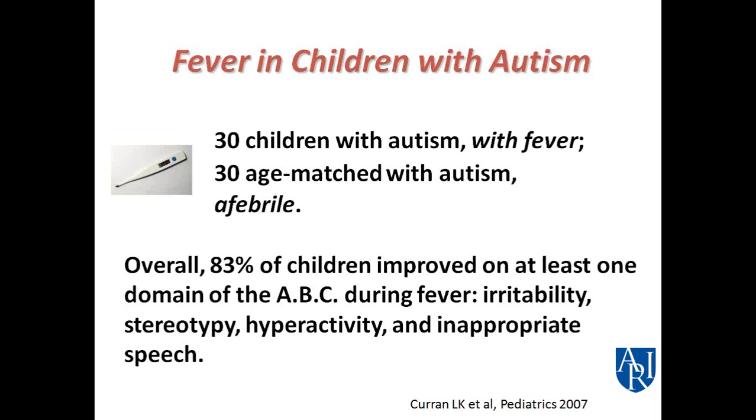When we actually looked at this, Laura Curran and our group in 2007, we observed this directly at the time of fever. Compared to controls, we found that 83% of our children improved in at least one domain on the aberrant behavior checklist during fever.